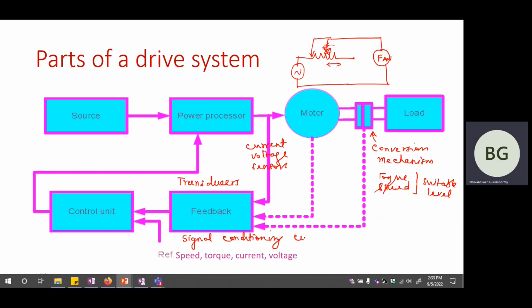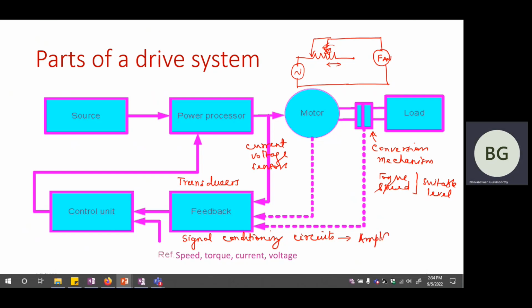So signal conditioning circuits are basically those circuits which can convert the signals obtained from the transducer from one level of voltage or current to another level of voltage and current. Typically, a signal conditioning circuit could be an amplifier.